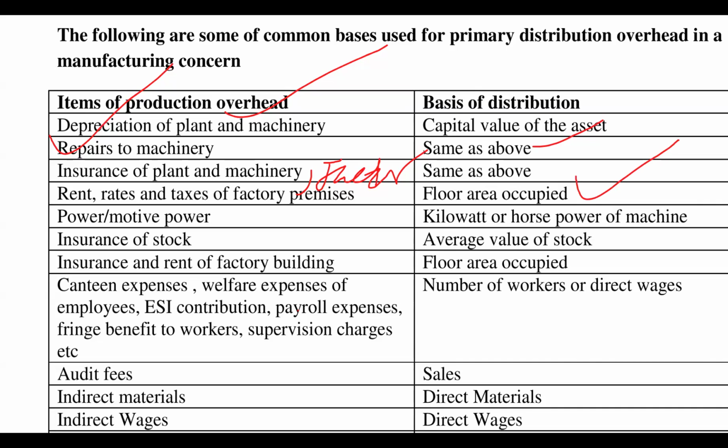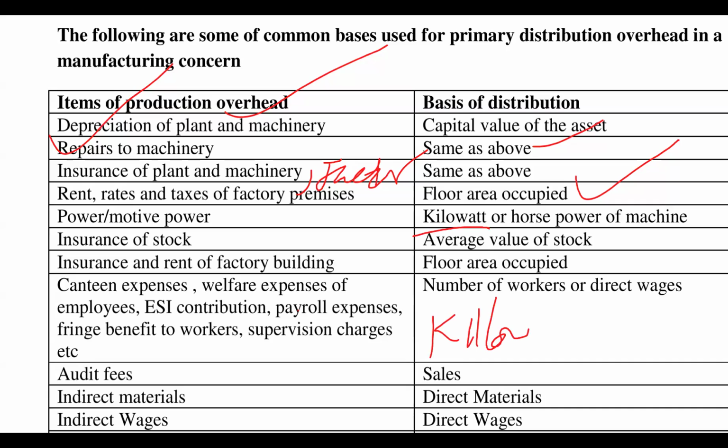Now, what if you are allocating power, motive power or electricity? If you are allocating electricity, you can use kilowatts, or you can use the horsepower of a machine.